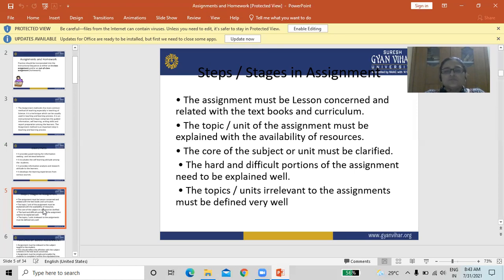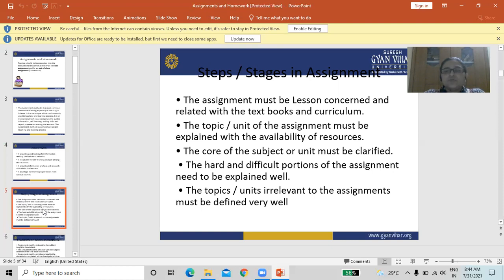The core of the subject or unit must be clarified. The hard and difficult portion of the assignment needs to be explained well.